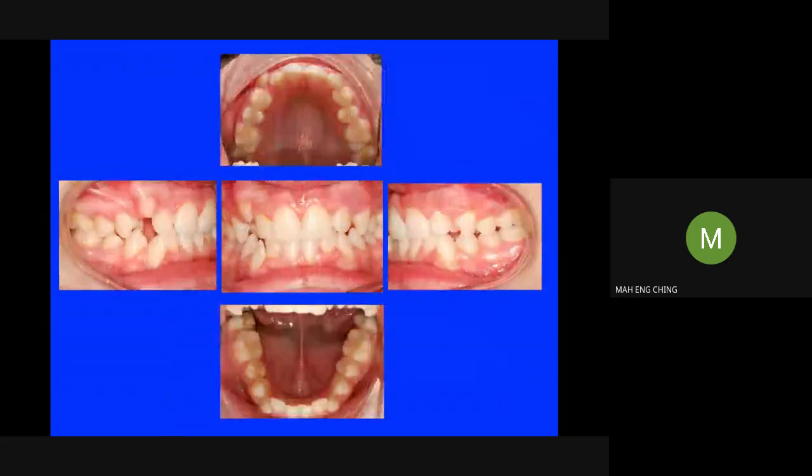Okay, how about this? First thing first, always count the number. You see this patient has 1, 2, 3, 4, 5, 6, 7, sorry, 7 on the right side. Left side 1, 2, 3. 3 is missing. Has impacted canine. So based on the impacted canine, maybe have a 5i.